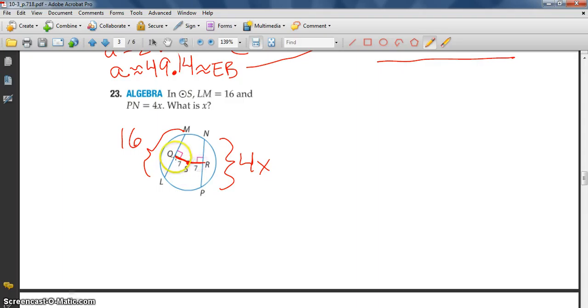So they're both 7 units away. We know that it's the distance from the point to the line because it is the perpendicular segment from S to this line segment and the perpendicular to this chord. So the distance is the same, therefore we can set them equal. If 4x equals 16, x is equal to 4.